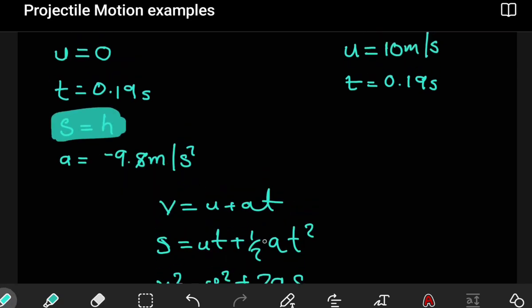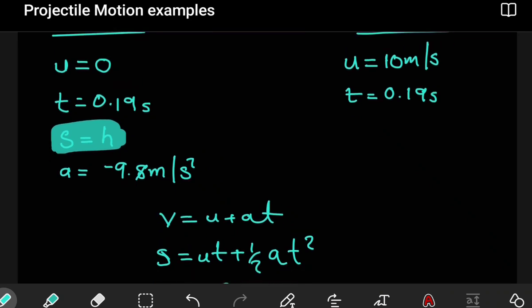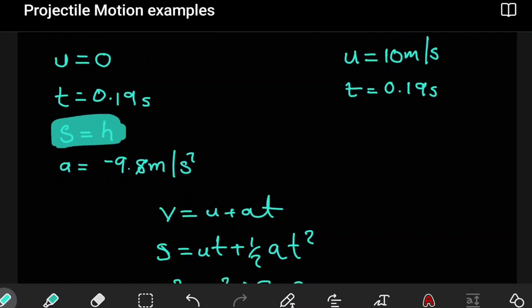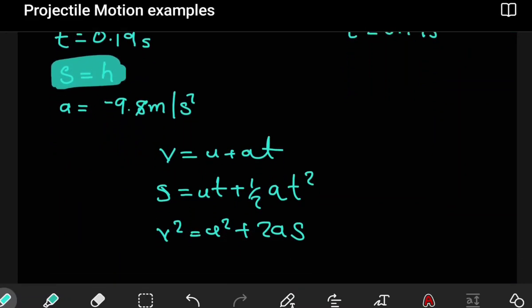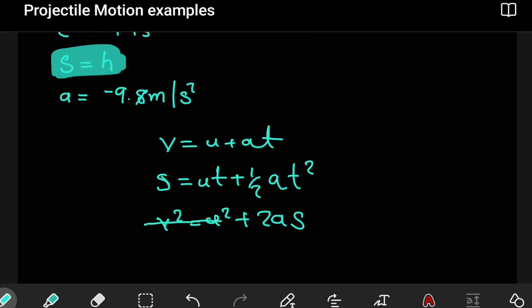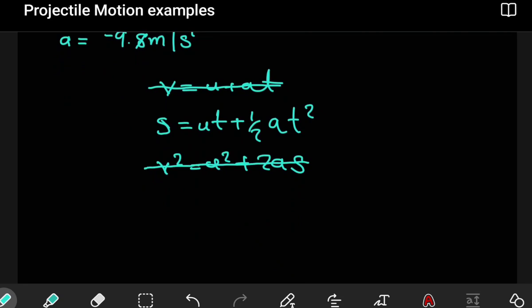And then next, I want to see which one will be easiest to use here. Now look at this. I want an equation which has everything except the thing I'm looking for. Unless maybe I don't have such, that's when I'll start looking for other ways. In this case, I see I don't have the final velocity. So I'll avoid an equation that has final velocity, unless it's easy to find the final velocity. In this case, that results in that equation. So my displacement will equal ut plus half at squared.